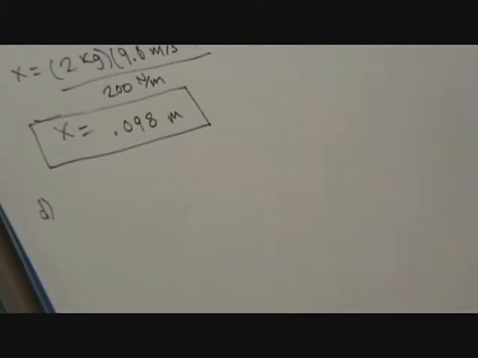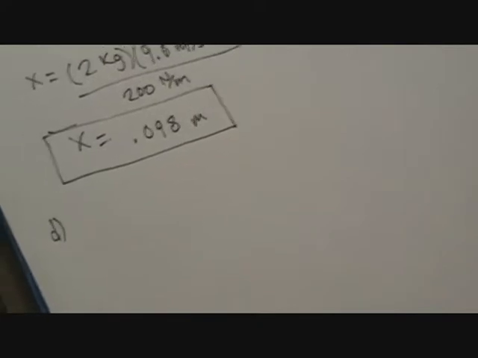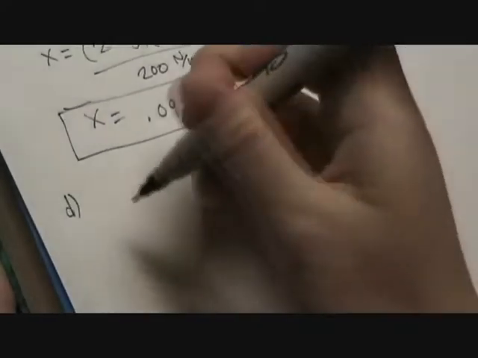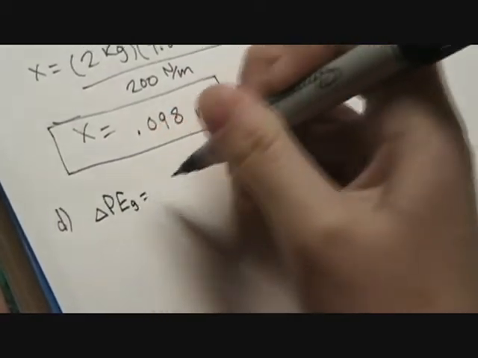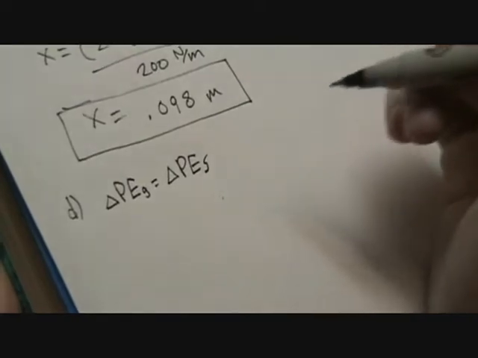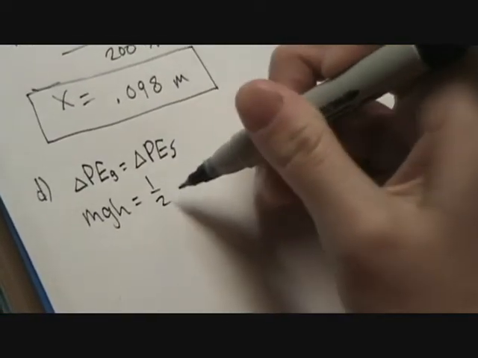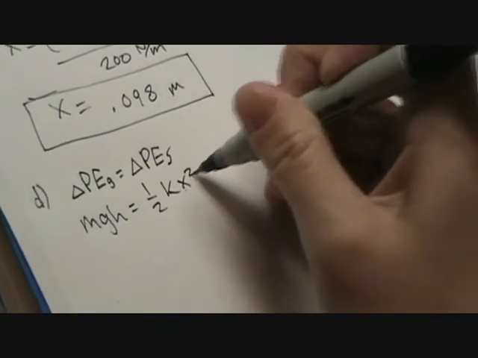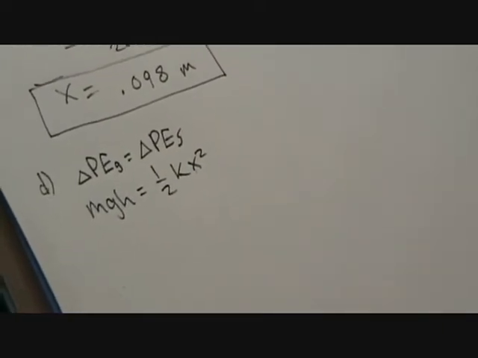So now we're doing D. And the question for D is, determine the maximum compression of the spring. So for this, we're going to use conservation of energy and set the potential energy of gravity of the object equal to the potential energy in the spring. So that would be mgh equals 1/2 kx squared, which is the spring's potential energy equation.